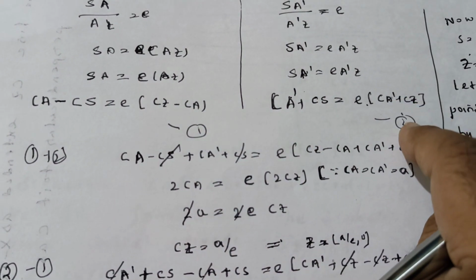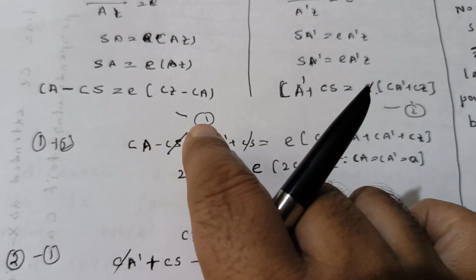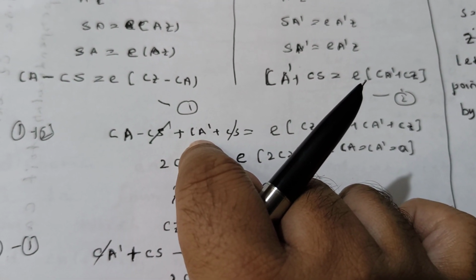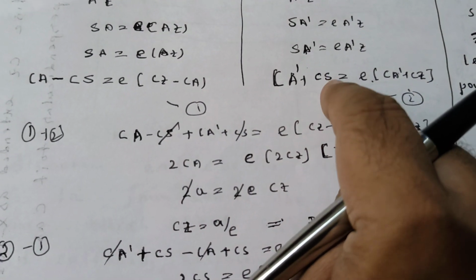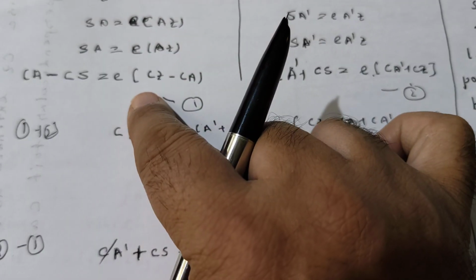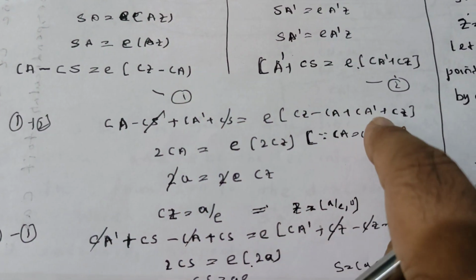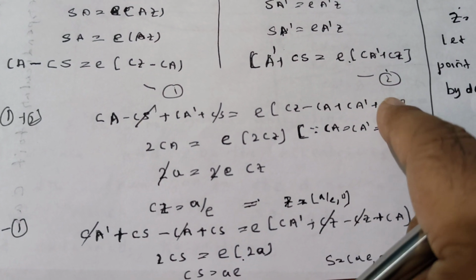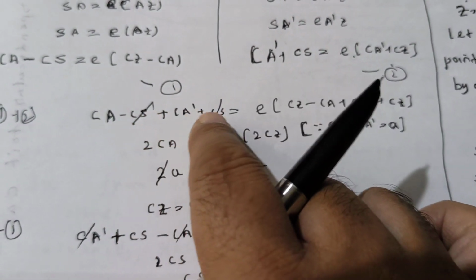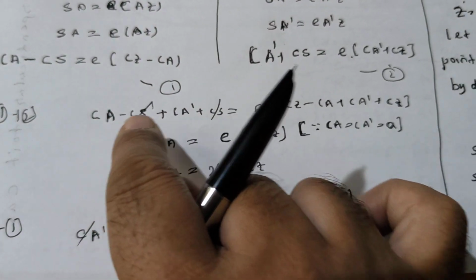Take this as equation 1, take this as equation 2, add 1 plus 2. CA minus CS plus CA dash plus CS is equal to E times CZ minus CA plus CA dash plus CZ. E and E are common terms, adding these two. This CS gets cancelled.